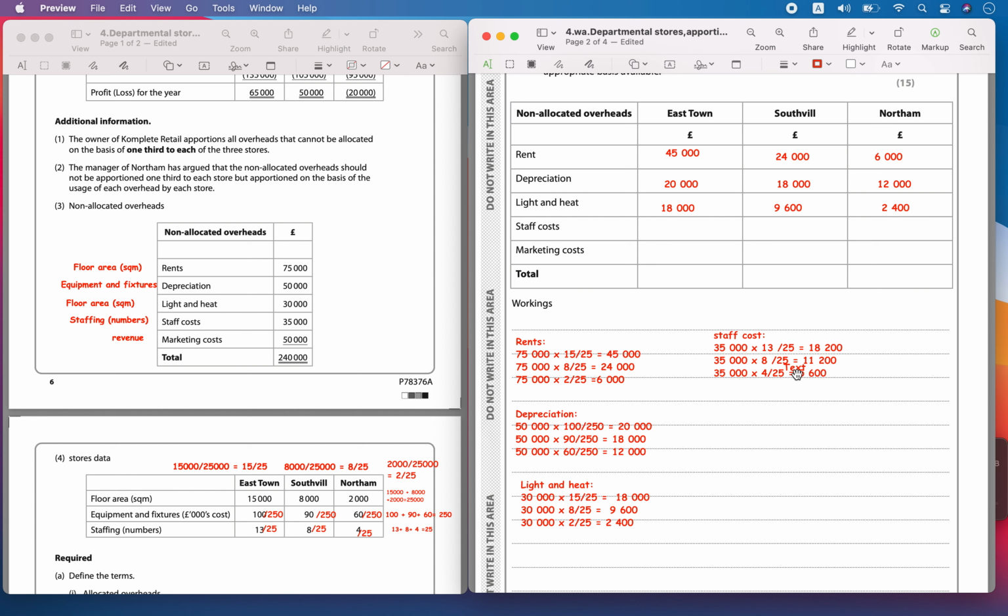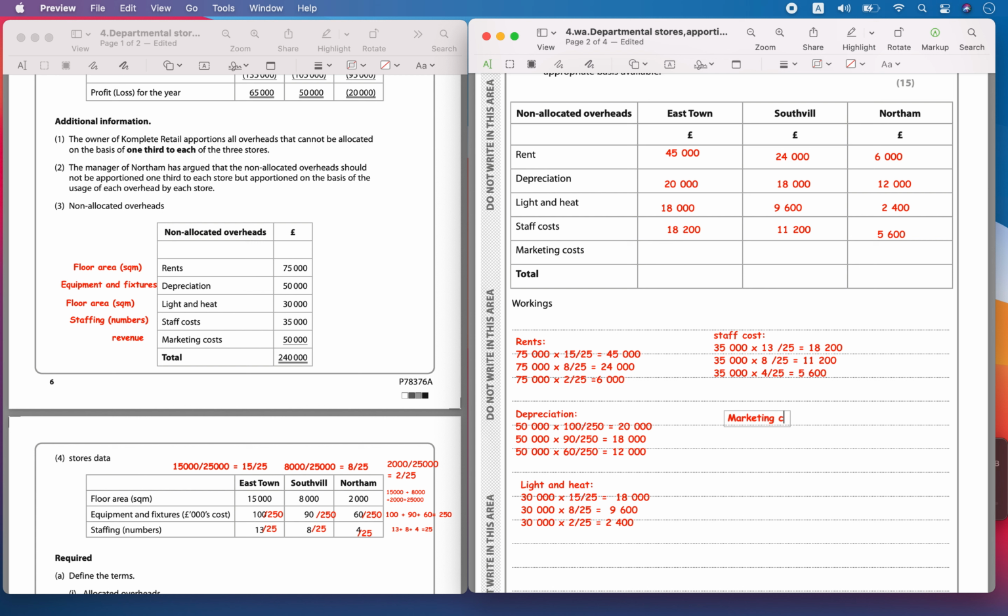So for the staff cost, it is going to be 18,200, then you have 11,200, and then for the third one you have 5,600. And then finally you have the marketing cost. So let's write for that department.